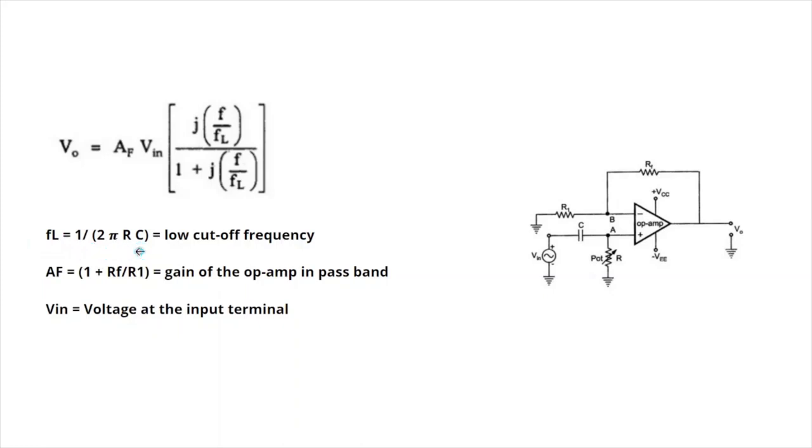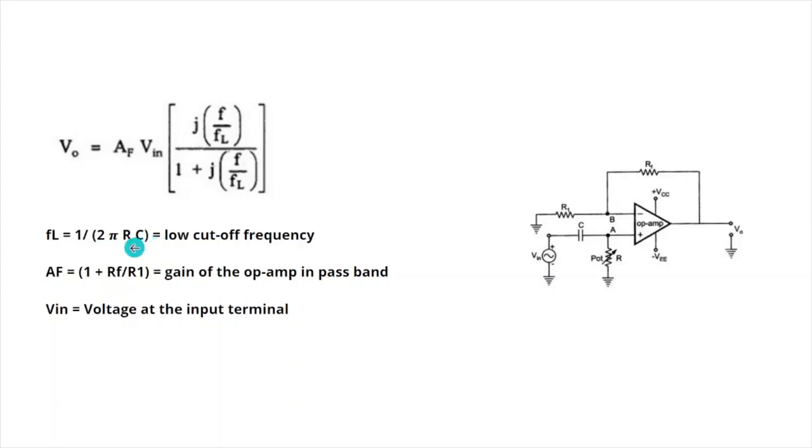Usually we see in the practicals that C is fixed and its value ranges from 0.01 microfarad to 0.1 microfarad.